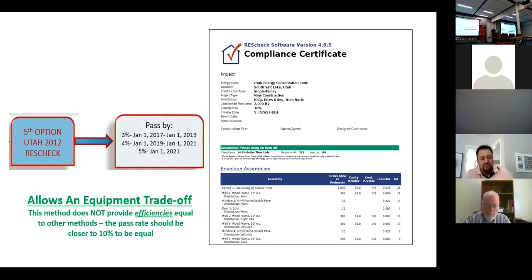So the first thing you had to do in the 2003 code was try to figure out what the climatic conditions were in heating and cooling degree days for the location. And then you decided between 17 or 18 climate zones where you were. Guess what? No one did it. And so no one enforced the 2003 Energy Code. Kathy, do you remember anything before 2006 though?